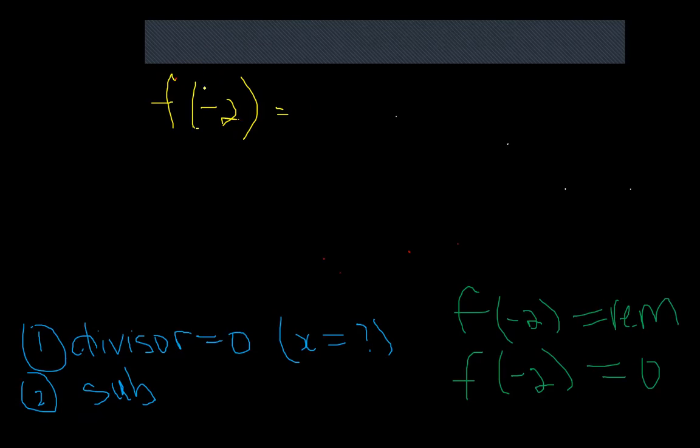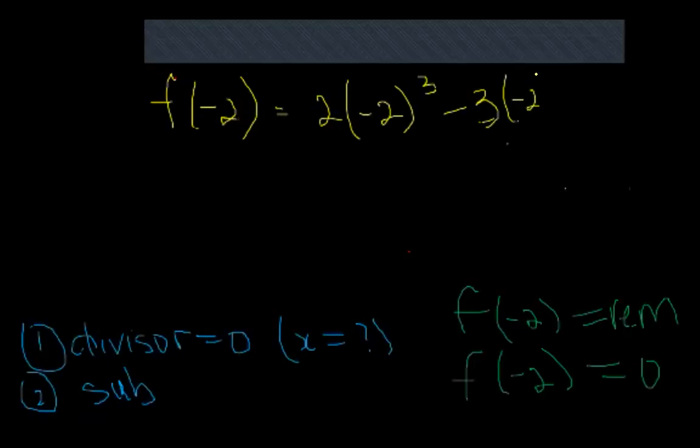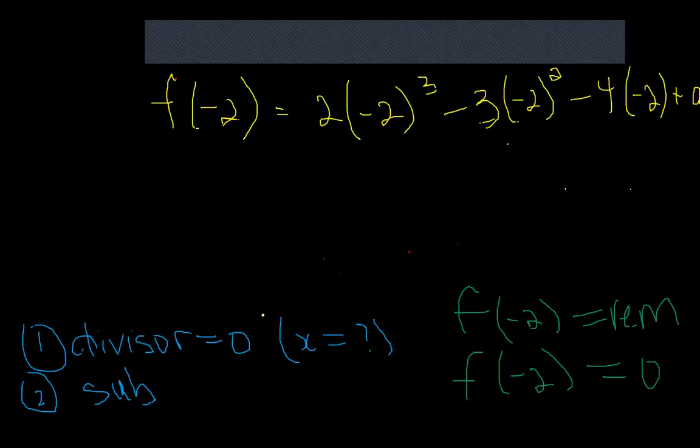That means that f of minus 2 is going to be 2 times minus 2 cubed minus 3 times minus 2 squared minus 4 times minus 2 plus a. However, we know that this is going to be equal to 0. Why? Because the divisor that they gave us is a factor.